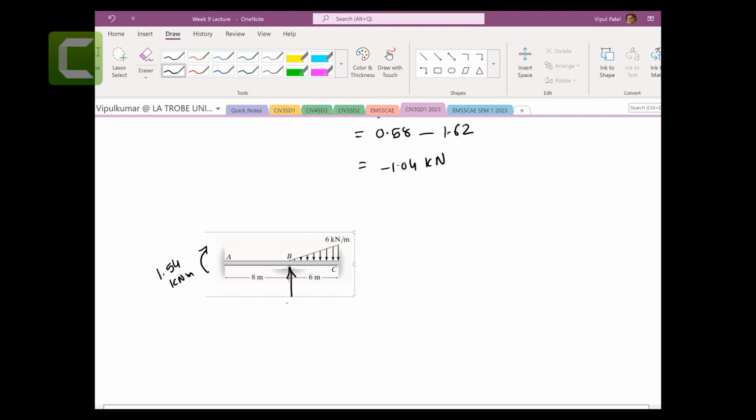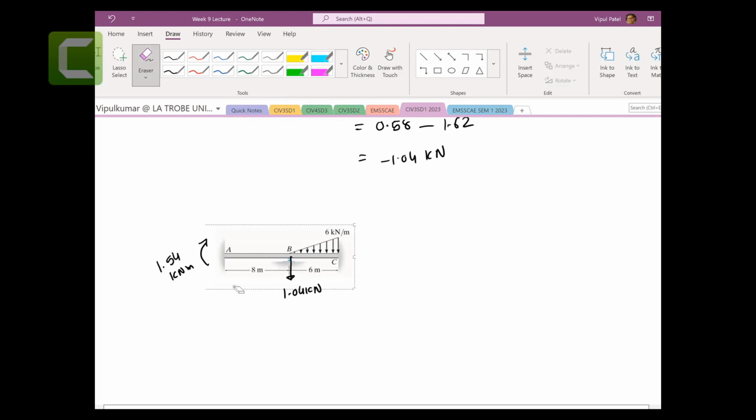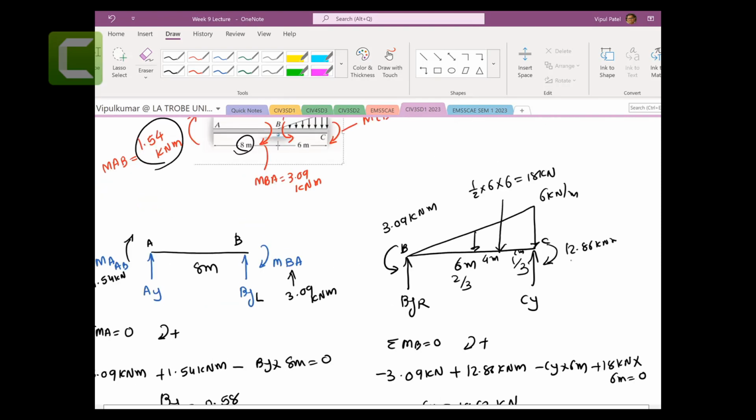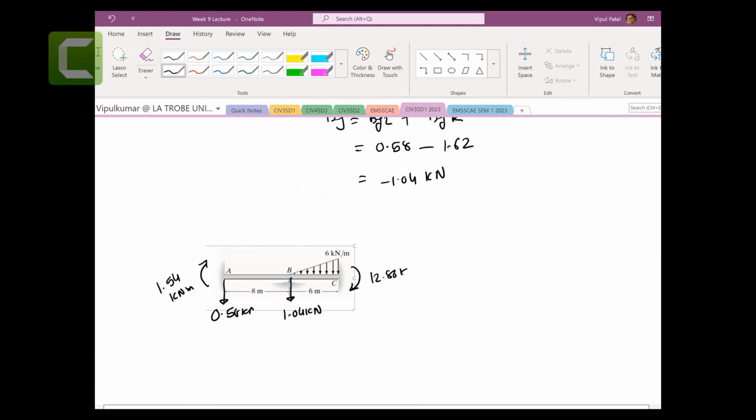This force here, which is coming down, but I think that is coming up, but anyway, that's not an issue. AY is coming down 0.58 kilonewtons. And there is a moment here, which we are going to get, 12.86 kilonewtons. So this is all the reaction forces that we calculated.